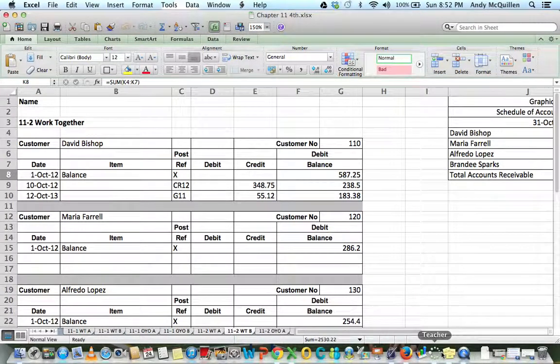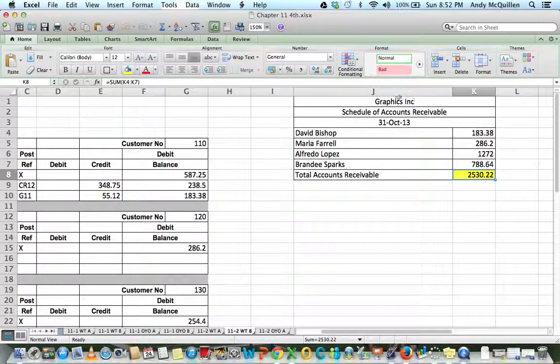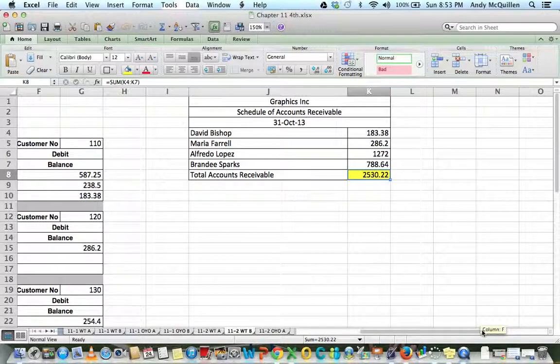Okay, we're not quite done yet. We go over to the right hand side, Graphics Inc., schedule of accounts receivable, October 31st. Then we have to do each account. So David Bishop, as you can see, the last balance is 183.38.